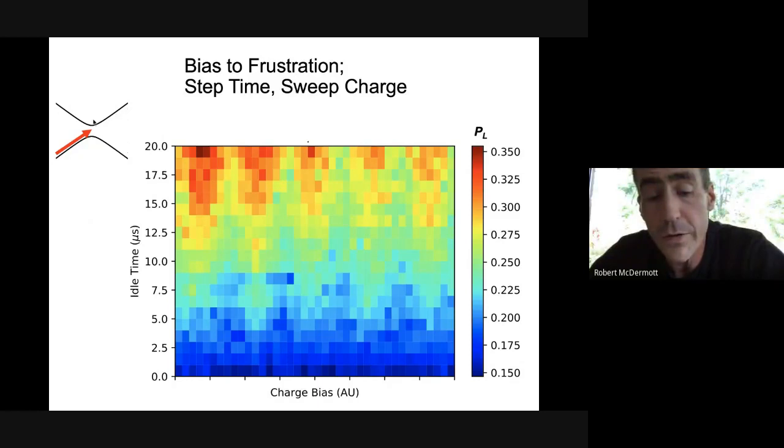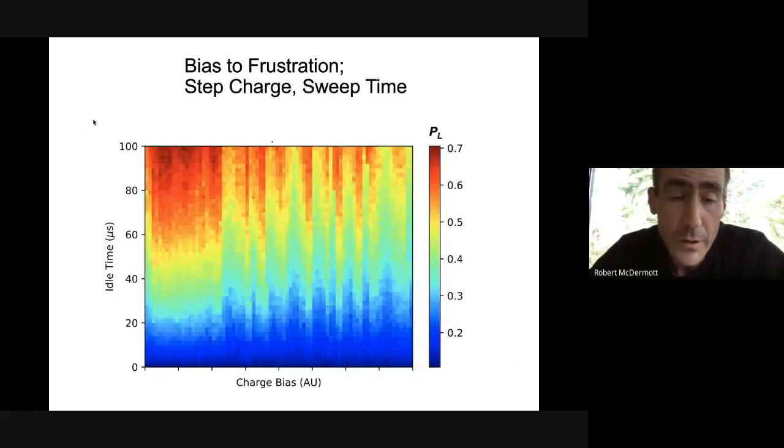When we do the experiment the other way around, where we set the charge bias on the plaquette and sweep time, so far we do not yet see evidence for coherent oscillations. So this is really the key ingredient that we need to demonstrate in order to move forward.